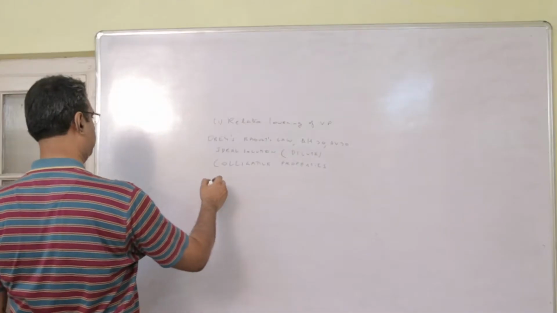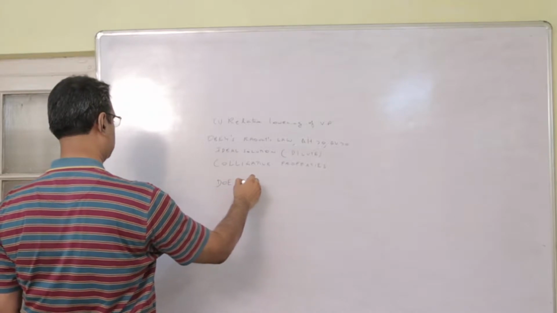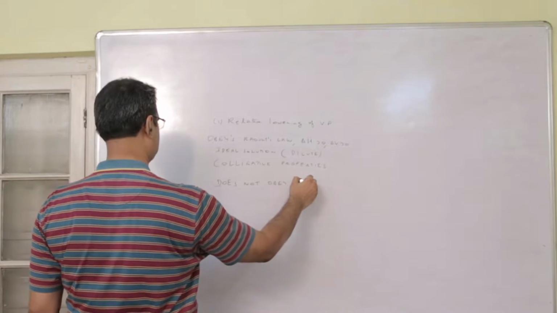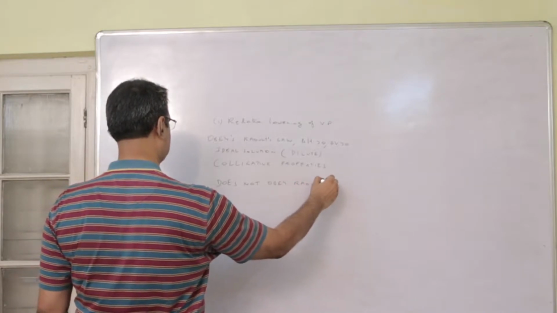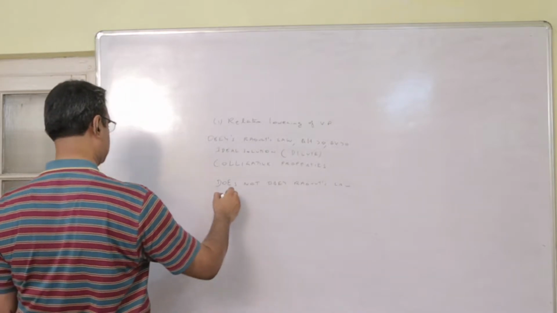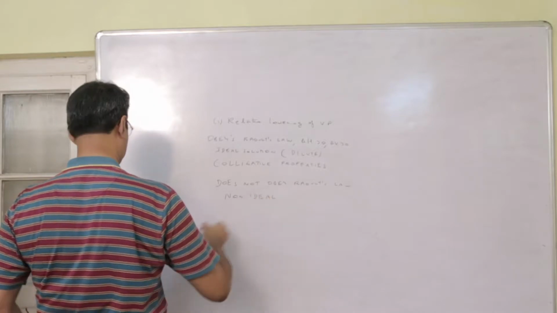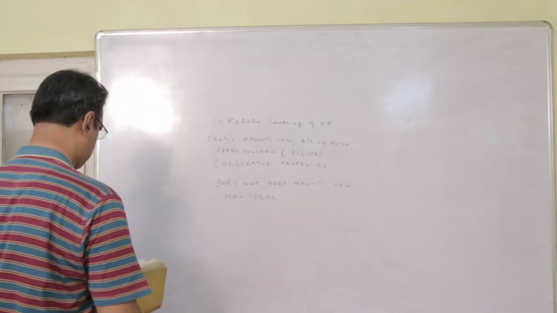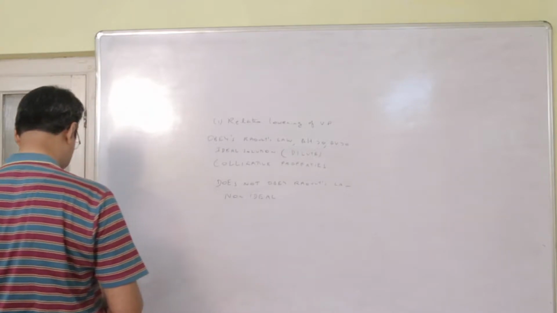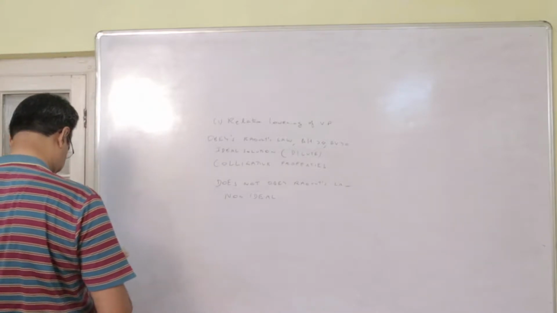Now, if a solution does not obey Raoult's law, then it is said to be non-ideal. So a non-ideal solution will not obey Raoult's law, and now we will have a look at some cases where this happens.